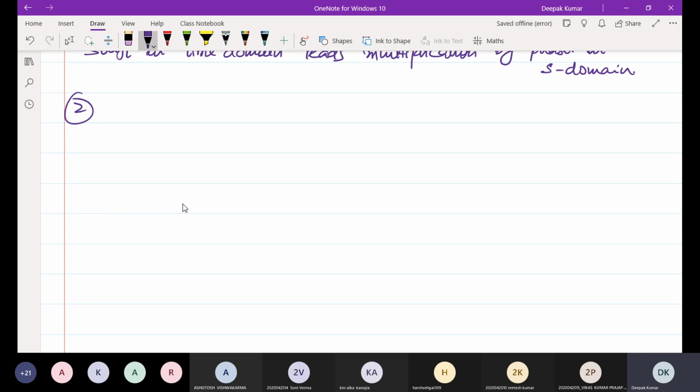Now if you scale in time domain, x of at, what will be the Laplace transform of this signal?